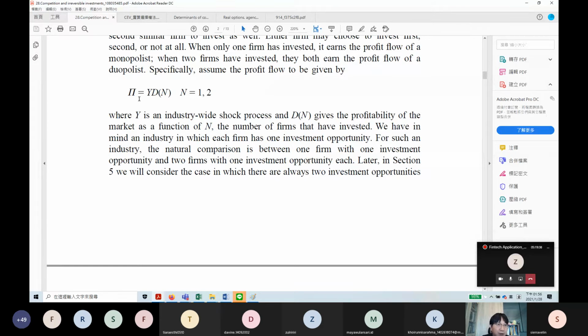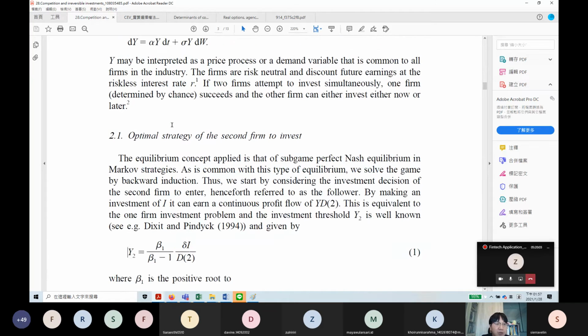Pi is pi. But in this paper, the authors decompose it into two parts, so two factors drive the profit flow. But in that class we did not decompose pi into two parts.